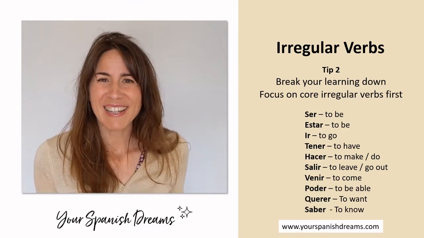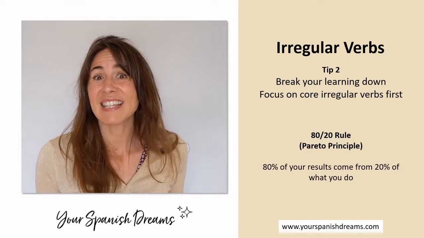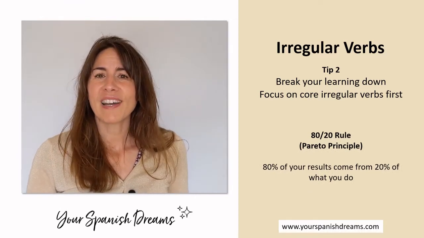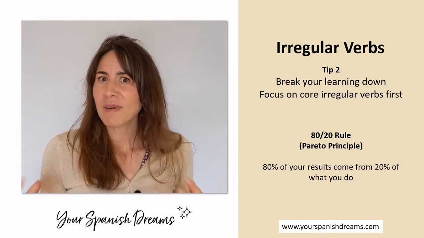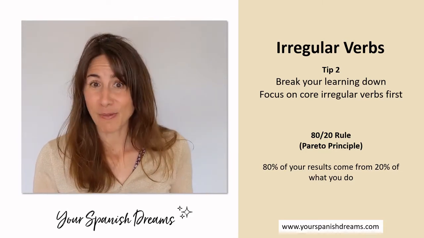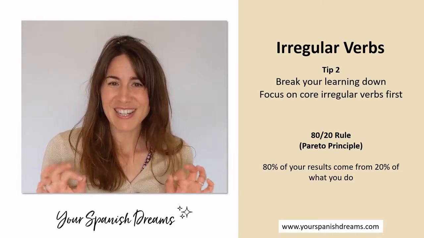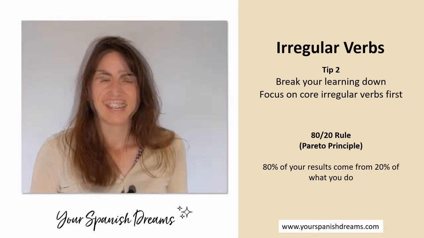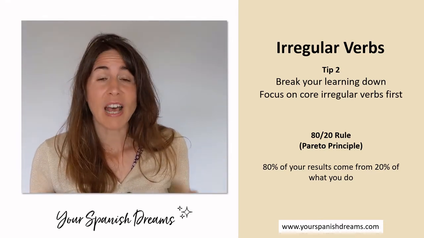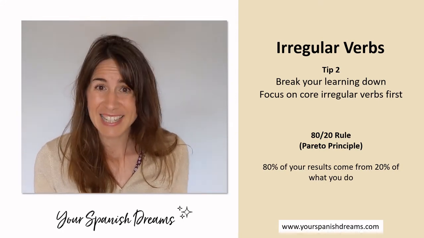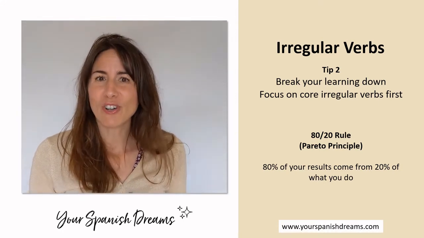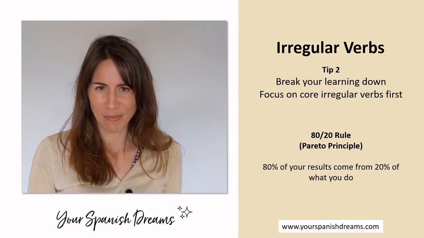You can totally apply the 80-20 rule here, whereby by learning the 20% irregular verbs in Spanish, you can master 80% of the communication. Now that's really efficient learning, isn't it? So focus on these verbs at first, and when you master them in different persons and different tenses, then you can move on into other irregular verbs.